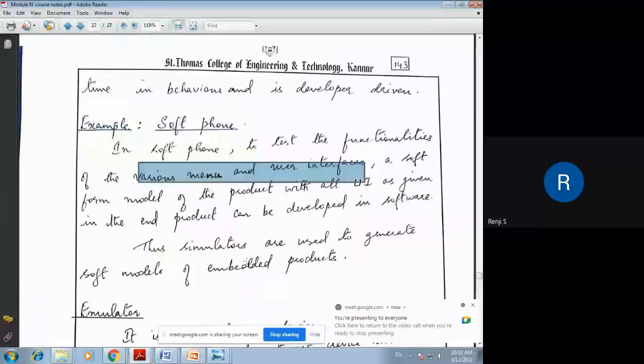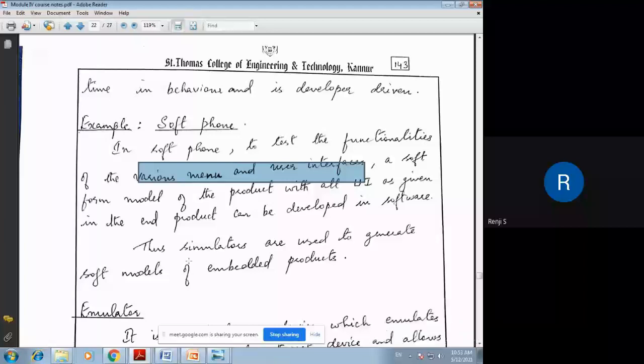The same user interface that you get in your phone will be there in the softphone also. Only thing, you're viewing it on your screen and using your mouse to click on the menus and buttons on the interface, just like you do on your phone.